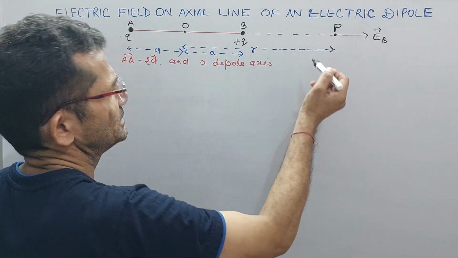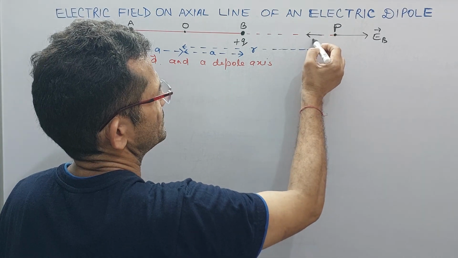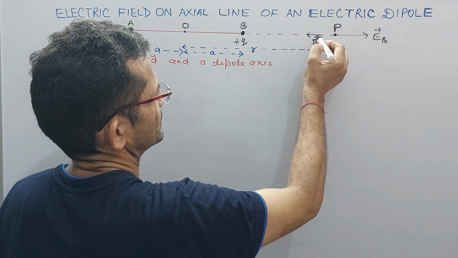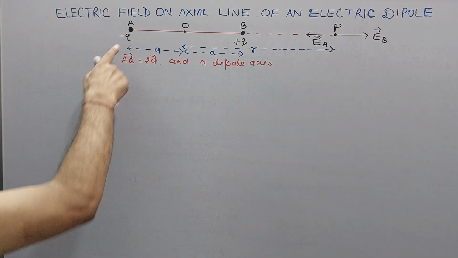So now we have the field represented by the vector EA. This is the electric field produced due to the minus q charge placed at this point.